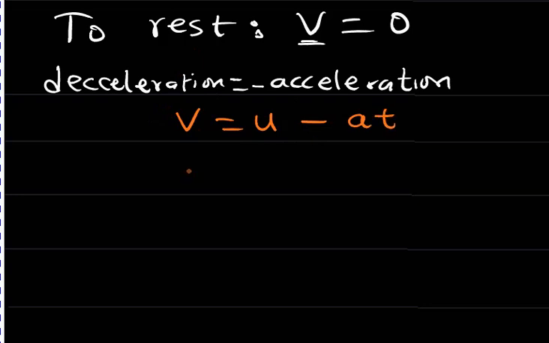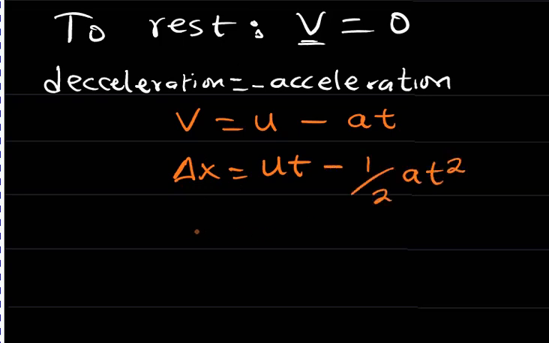For the second, we'll have delta x is equal to ut. Instead of plus half at square, that's going to be minus half at square. Then last but not the least, v square is going to be equal to u square minus 2a delta x because of the deceleration. I hope that is well understood.